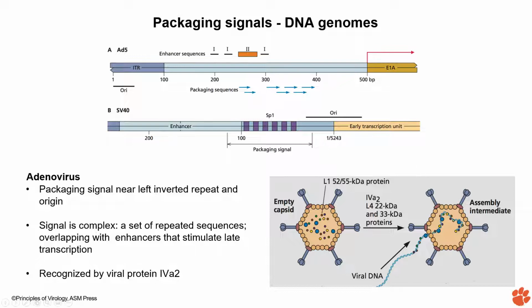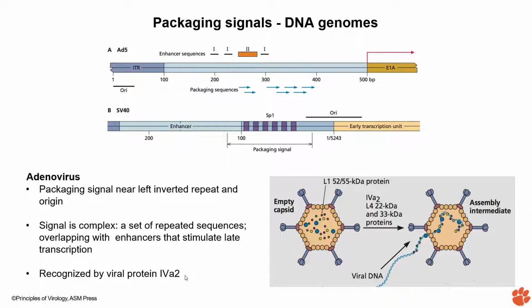The whole structure is much more complicated, but along with the 4A2, L4 is another protein also responsible for the packaging of these genomes. So that's it. I put it in detail, but too much detail is not necessary. Just understand the overall mechanism, where the DNA genome packaging signals are present.